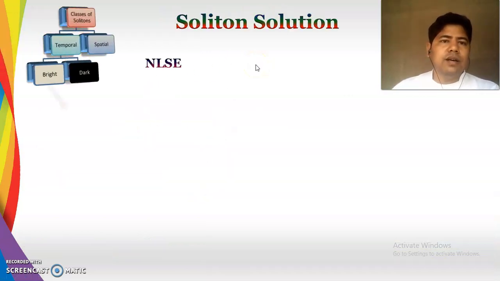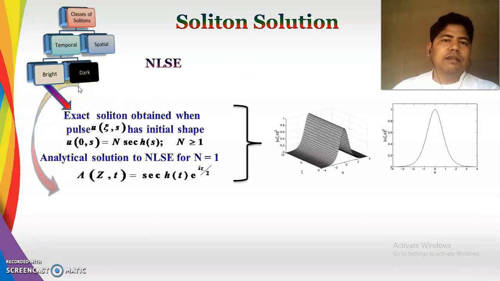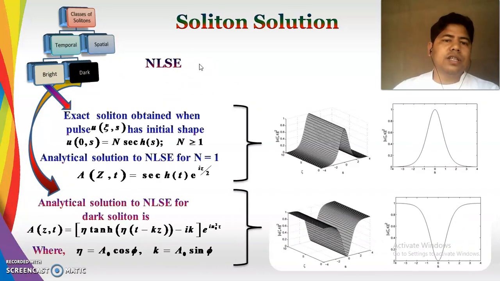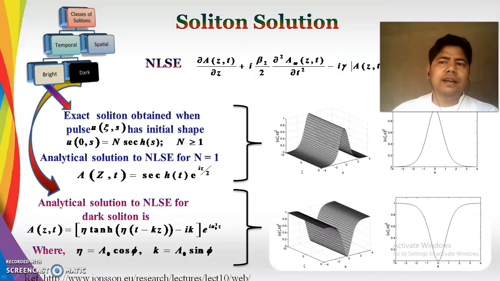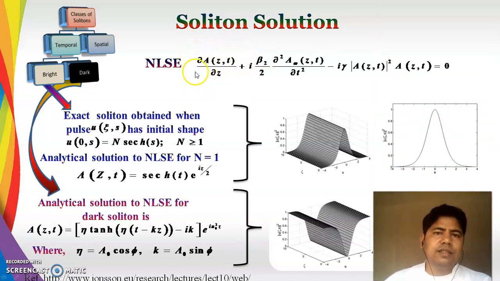Now in the temporal part, we have bright and dark solitons. We have the nonlinear Schrodinger equation. This gives the shape of the pulse, this is the dispersion, and this is the nonlinearity. An exact soliton can be obtained when the pulse has an initial shape of a sech hyperbolic pulse, with n greater than or equal to 0.